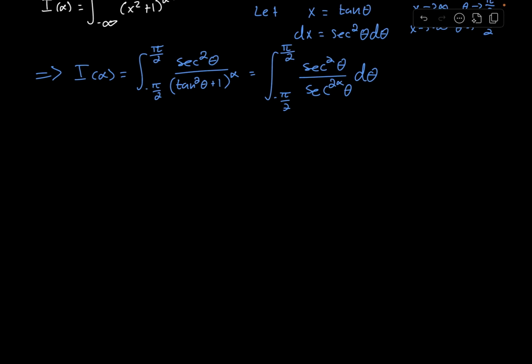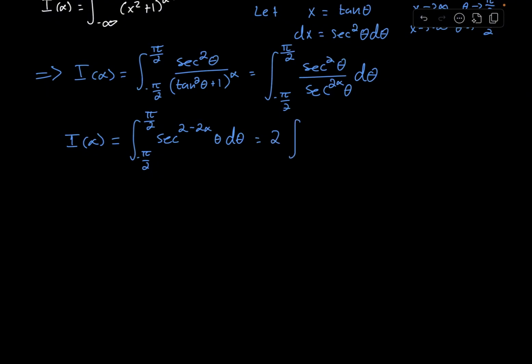And then if we rewrite using our exponents, we'll get the integral from negative pi by 2 to pi by 2 of secant to the 2 minus 2 alpha theta d theta.